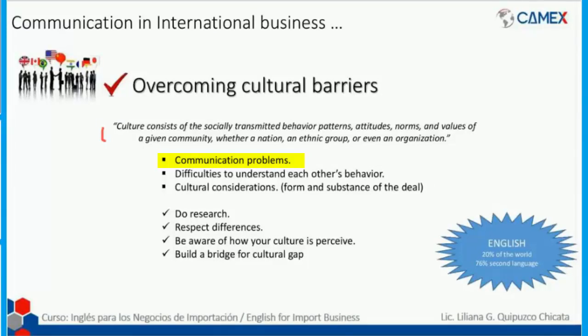For example, a communication problem can be that Japanese people don't say no directly to you. I don't know if you have experience, Caroline. They don't say no because they think that saying no to another person is rude. So maybe they're going to say, I think it's difficult, I don't think we can make that happen.